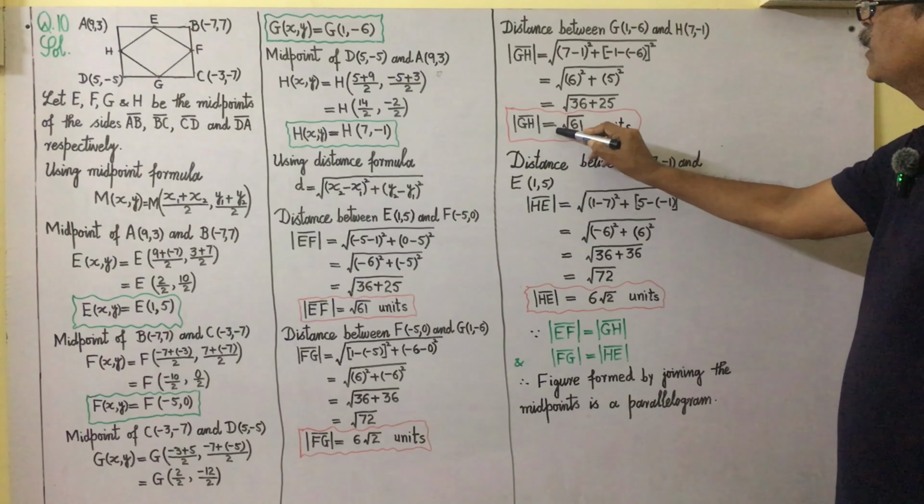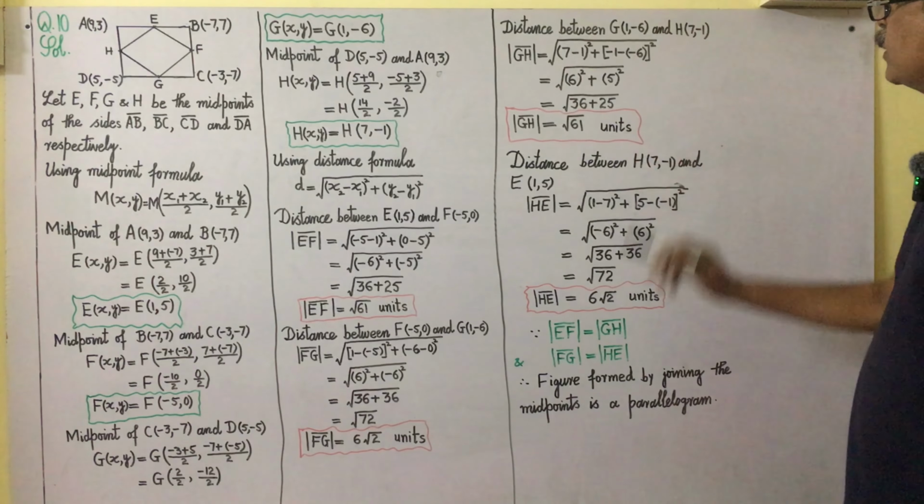So GH is equal to square root of 61 units.